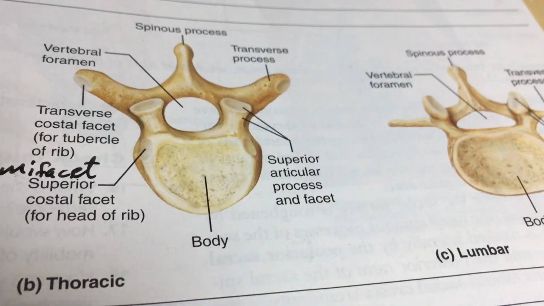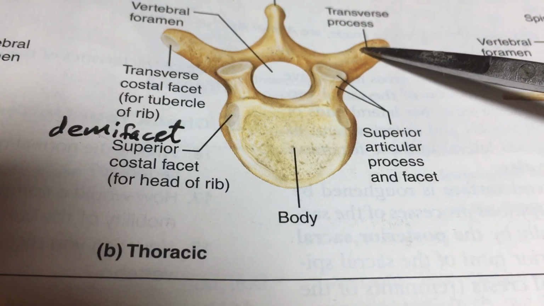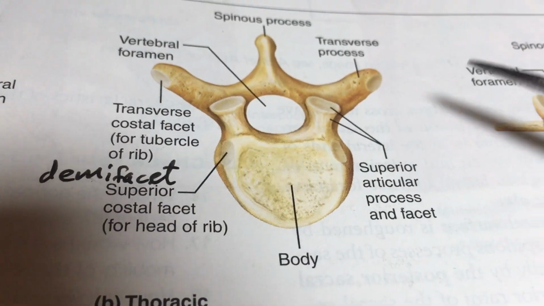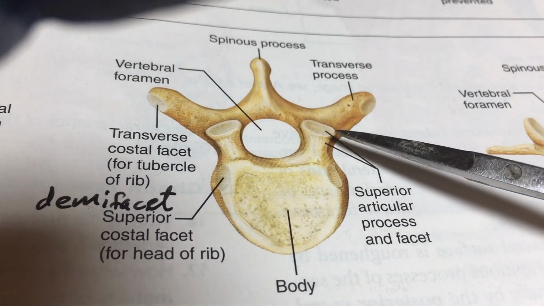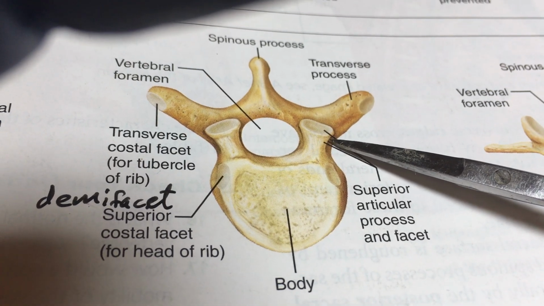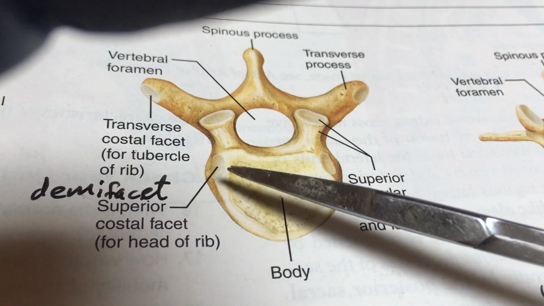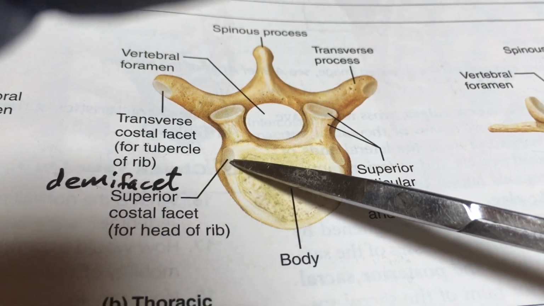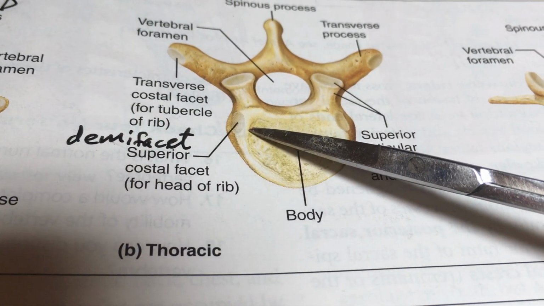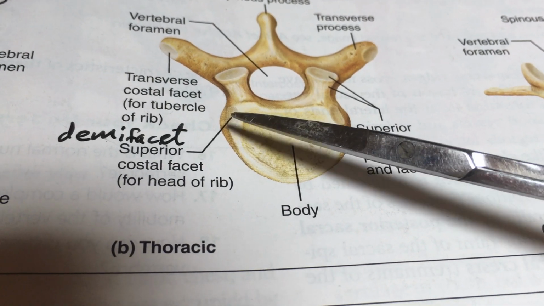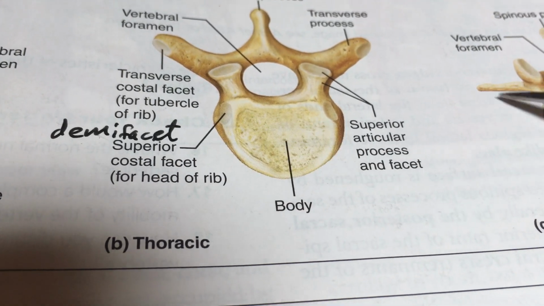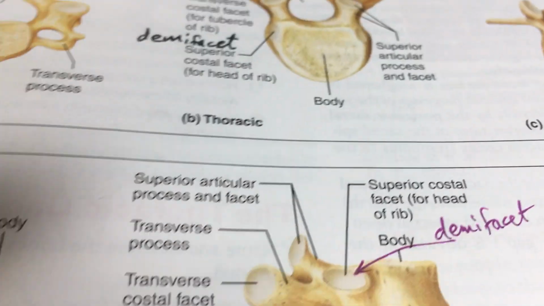We have the connection between body and transverse to form the pedicle. We have the superior articular process. Notice we have a transverse process out here. We have a demifacet, actually, that's sometimes called, here for the head of the rib on the body, and here.